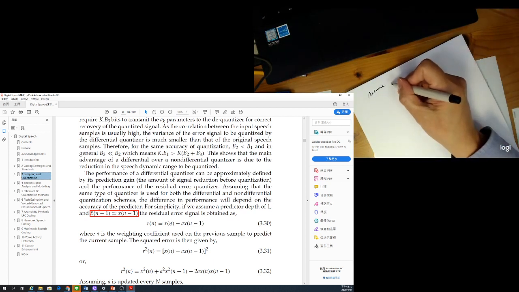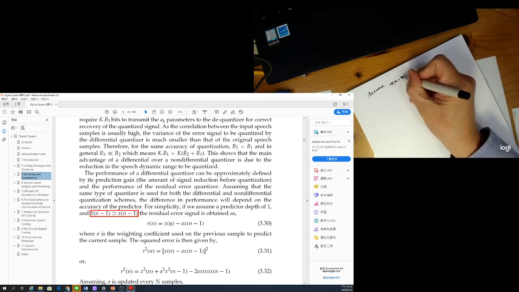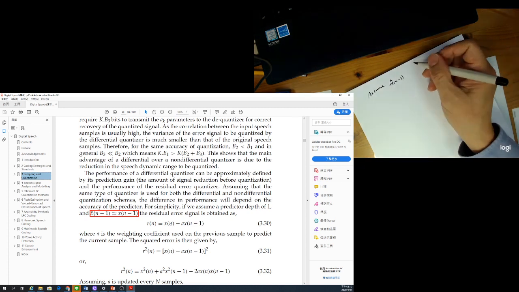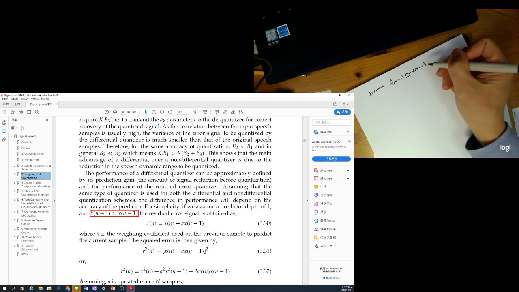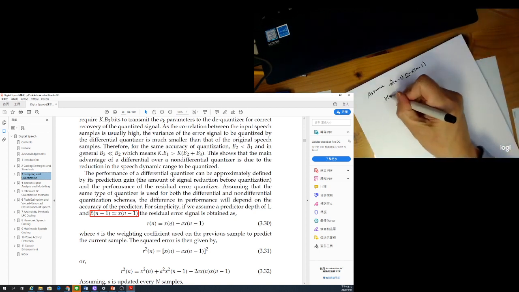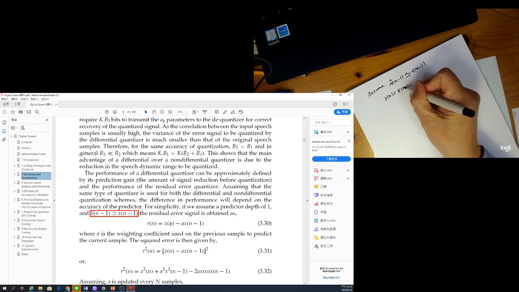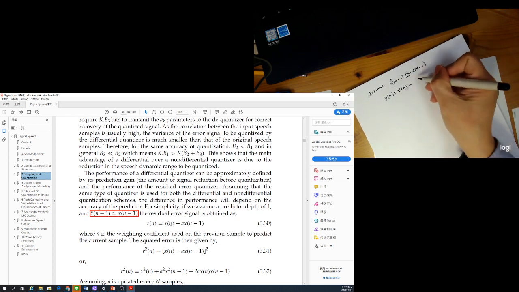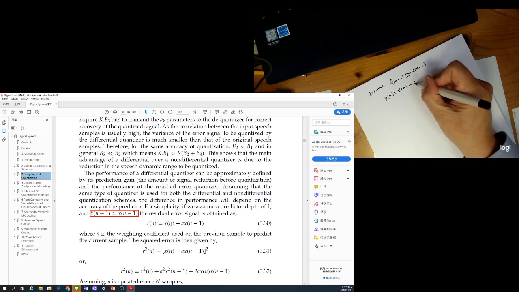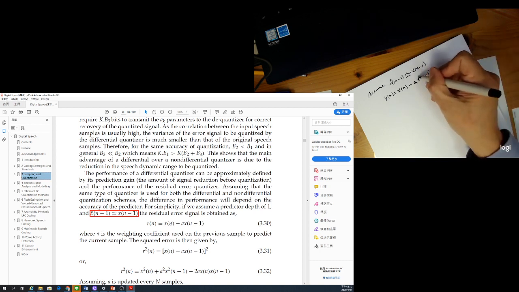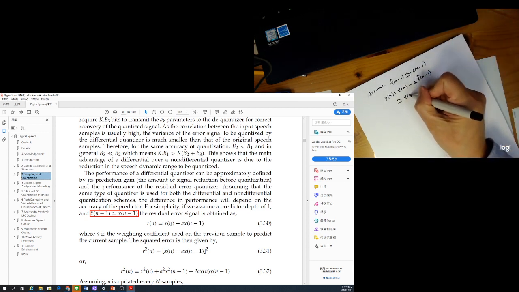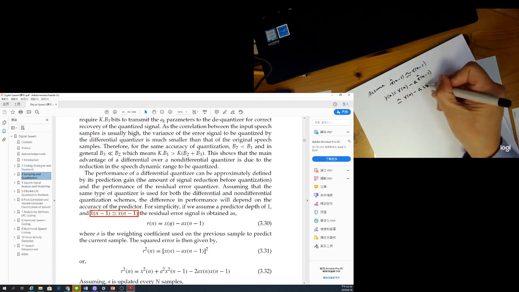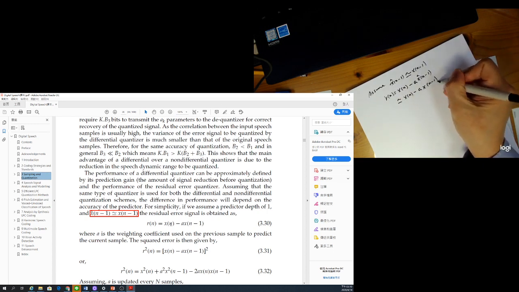So we assume S of n minus 1, the reconstructed signal, is close to the original signal. So our R of n is the current signal minus the prediction coefficient times the previous signal, approximating the decoded signal like this. We try to make it simple.